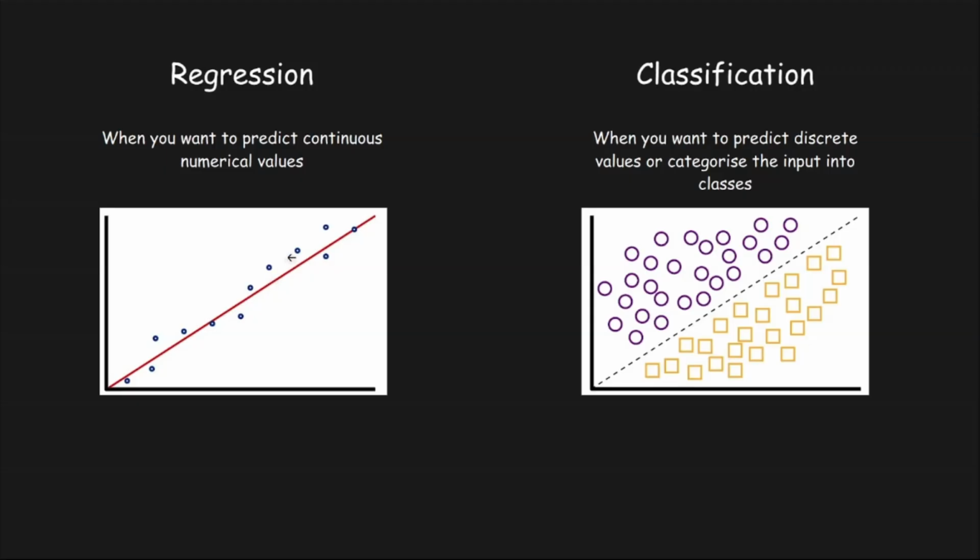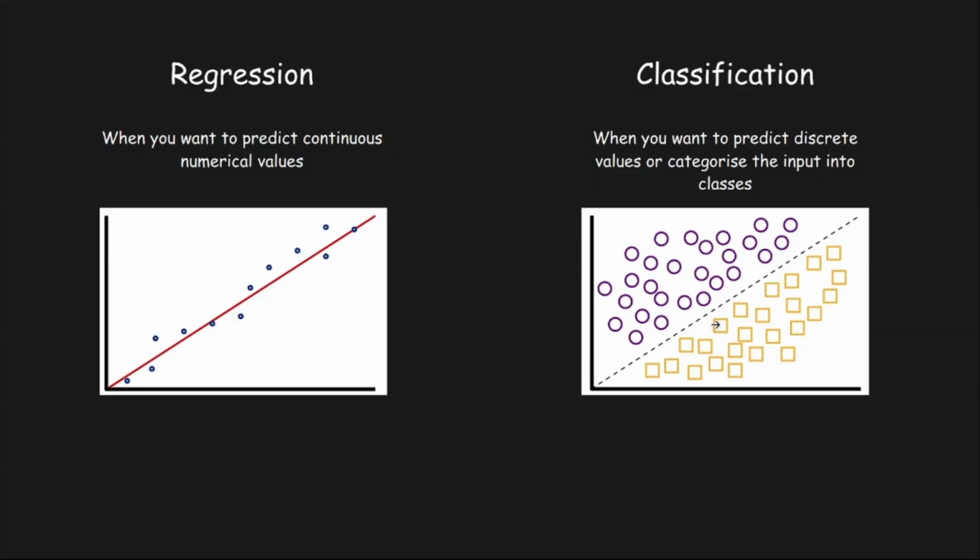All those things fall into the regression category. And then we have the classification problems, where we want to classify the inputs into different classes, or we want to find out discrete values. For example, when we talked about the iris data set, there the motive was to divide the input or predict it into different classes, 3 of the classes.